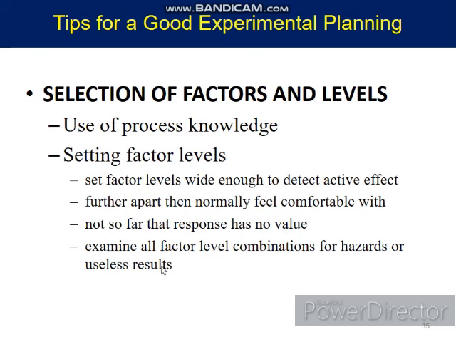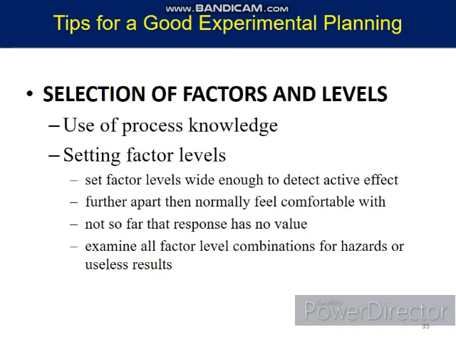So again, you have to examine all the factor level combinations for hazards and useless results. In the example I mentioned just now, if you want to open up the factor up to 300 degrees Celsius, it doesn't make any sense at all, because the result you get is going to be useless since your bread is going to burn.